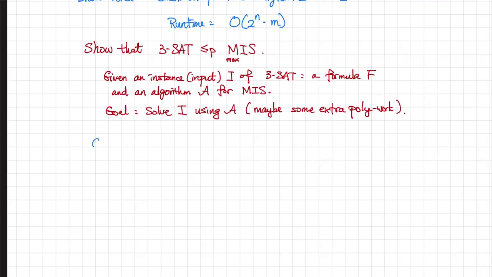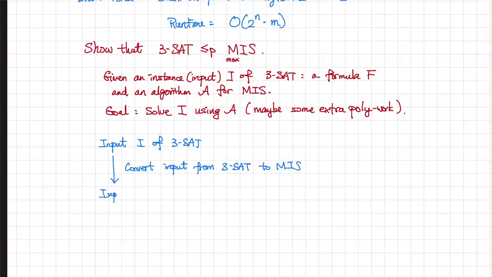So the first step is to convert the input, right? So given input I of 3-SAT, we're trying to convert the input from 3-SAT to MIS.